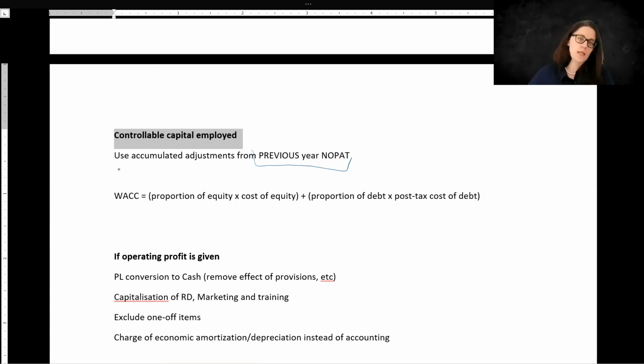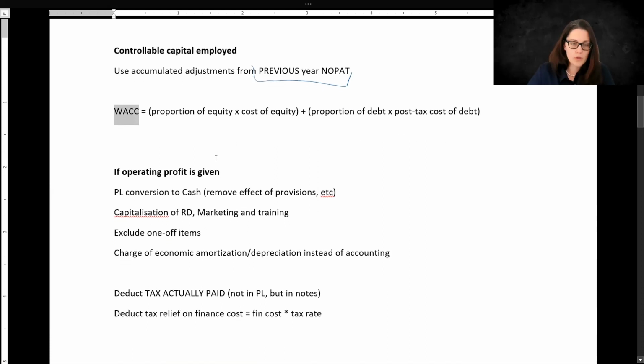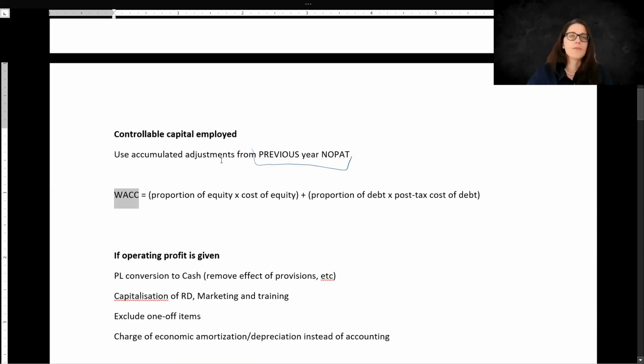Not for the current year, but those that have been accumulated before the start of the year. And we take that only at the start of the year. And as for the weighted average cost of capital, it is calculated like the usual formula. And that is it. That is how we calculate EVA.